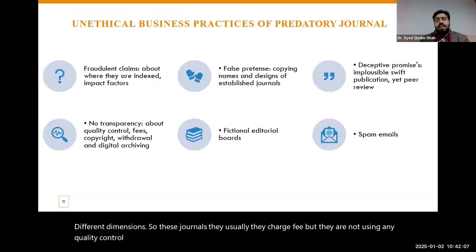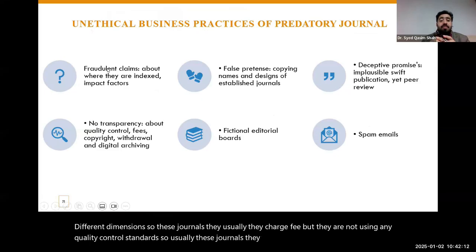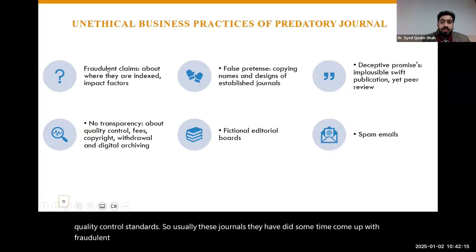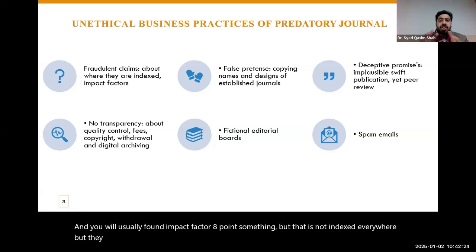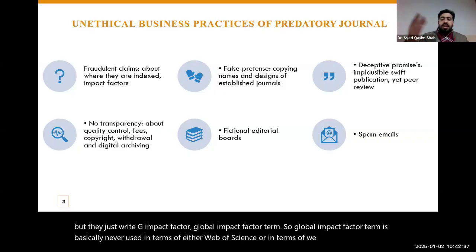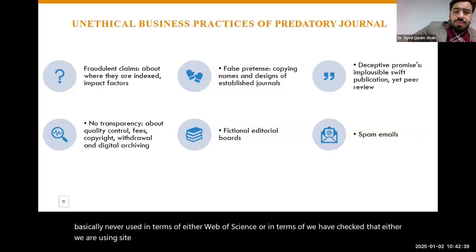They sometimes come up with fraudulent claims about indexes, and you will usually find an impact factor of 8 point something, but that is not indexed anywhere, they just write "global impact factor." The term global impact factor is basically never used in Web of Science or in CiteScore and other metrics. It is not a term that is used.